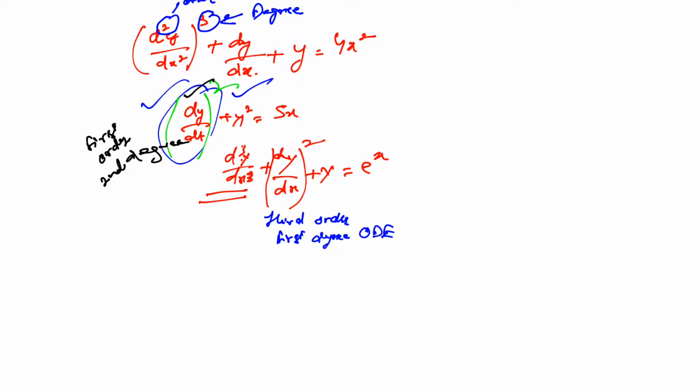Since it has the exponent 2, still its degree is only 1, because the highest derivative is taken into consideration.